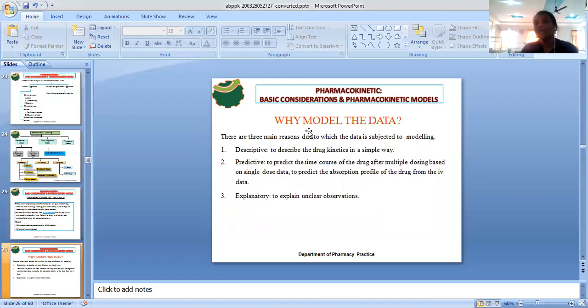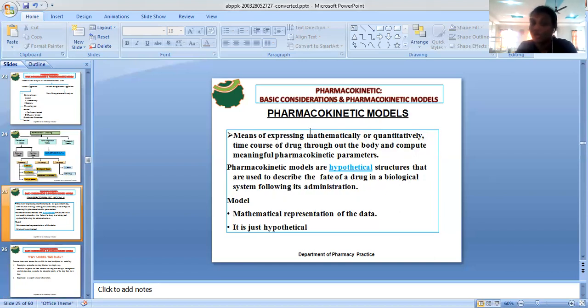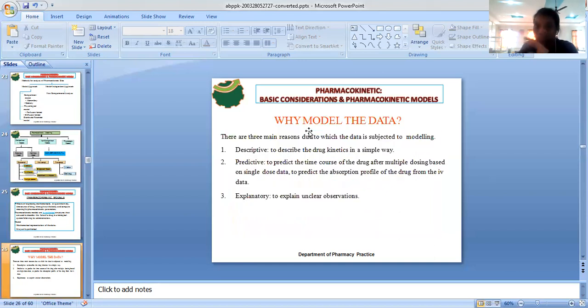And why do you require these pharmacokinetic models, or what is the importance of the pharmacokinetic data? There are a few reasons why modeling is done, why you assume these approaches in order to determine the pharmacokinetic parameters.